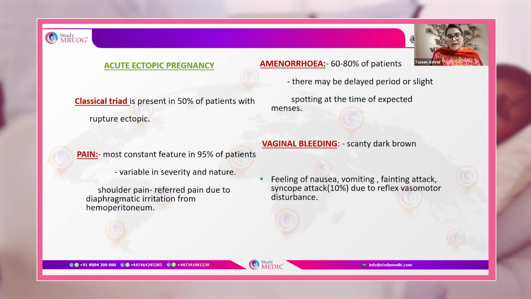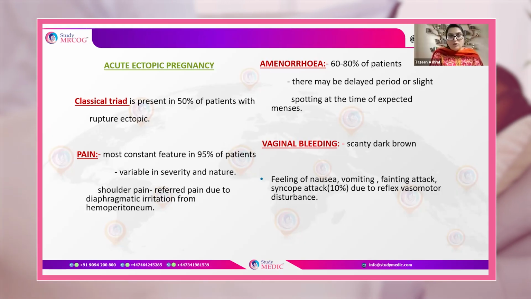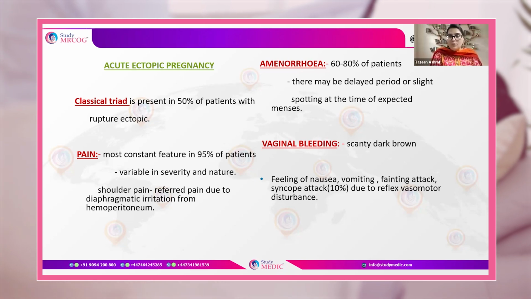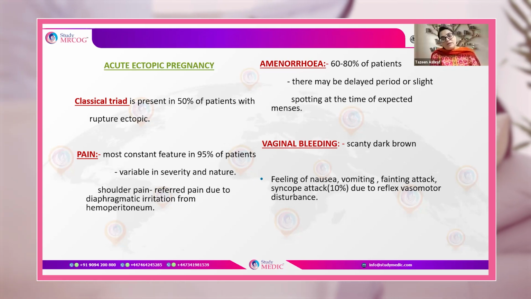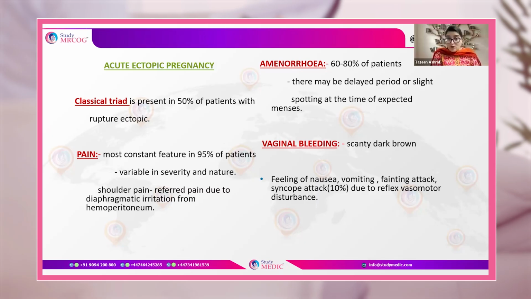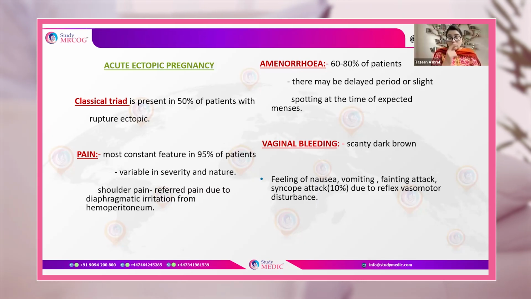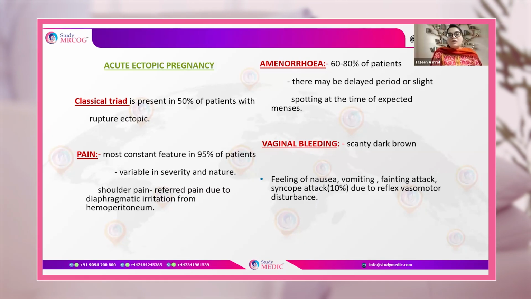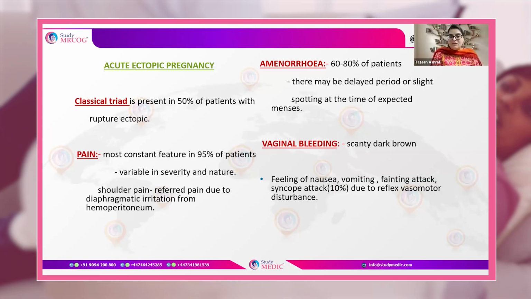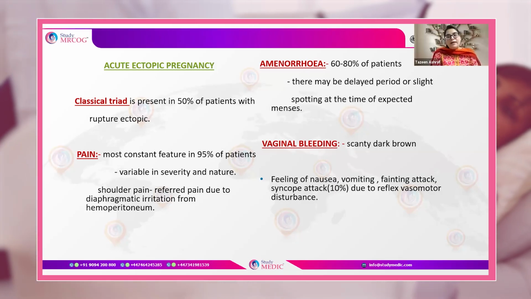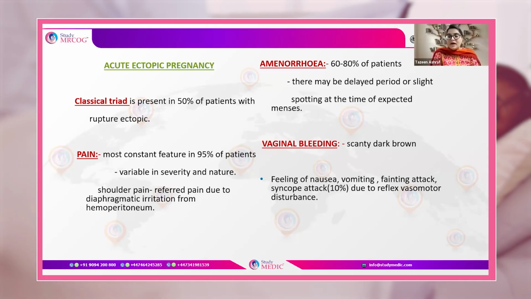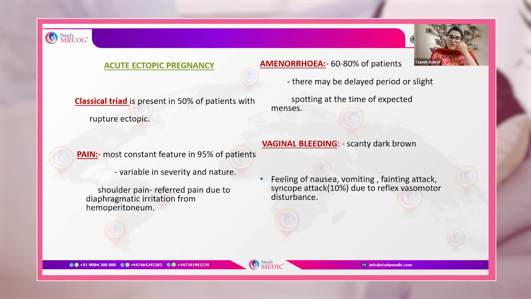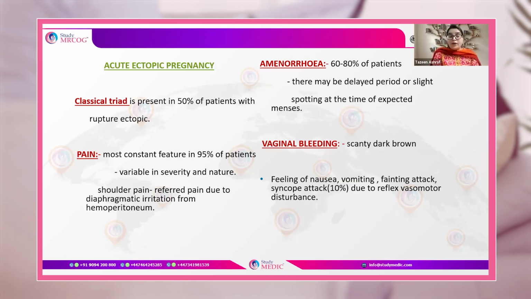Shoulder tip pain can be there, which is the referred pain due to diaphragmatic irritation from the hemoperitoneum. 60 to 80% of patients can present with amenorrhea, as this is an ectopic pregnancy. So definitely these patients present with amenorrhea and vaginal bleeding, which usually is scanty and dark brown. So most of the time these patients present with spotting.